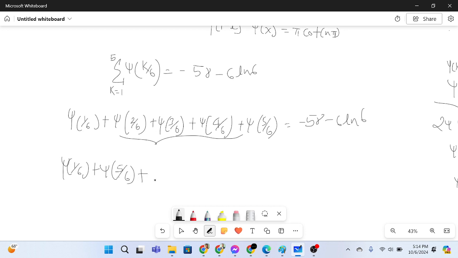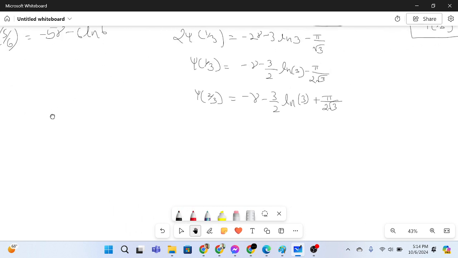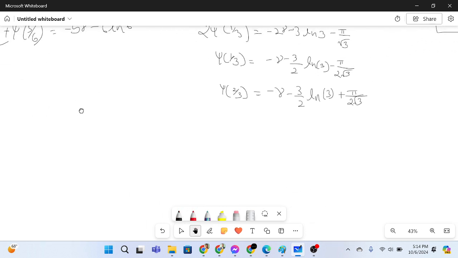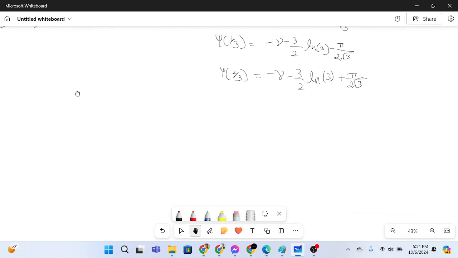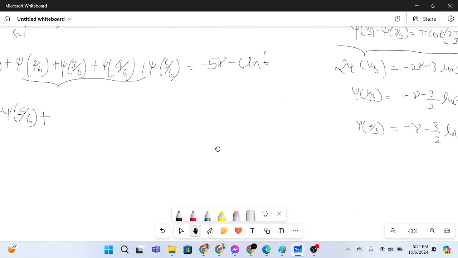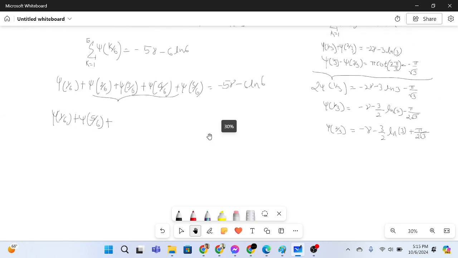Let's find this. We know that this is digamma 1 by 3, and the value of digamma 1 by 3 is minus the Euler-Mascheroni constant minus 3 by 2 ln 3 minus pi by 2 root 3, right?